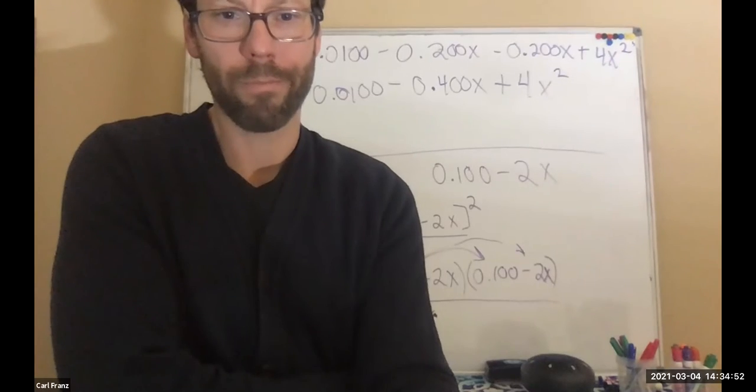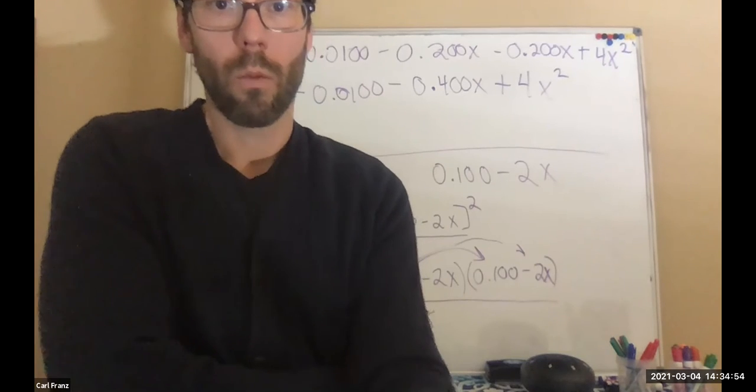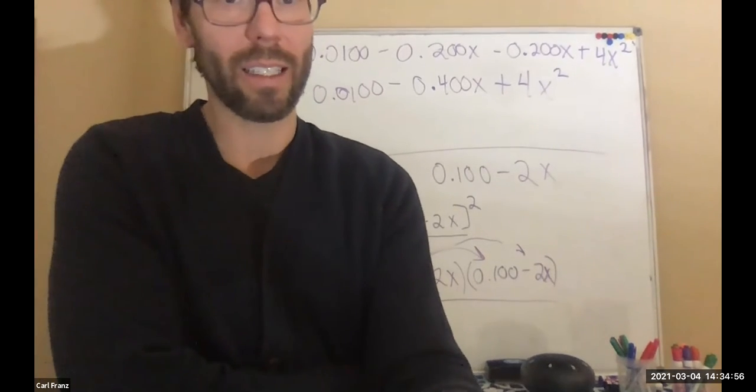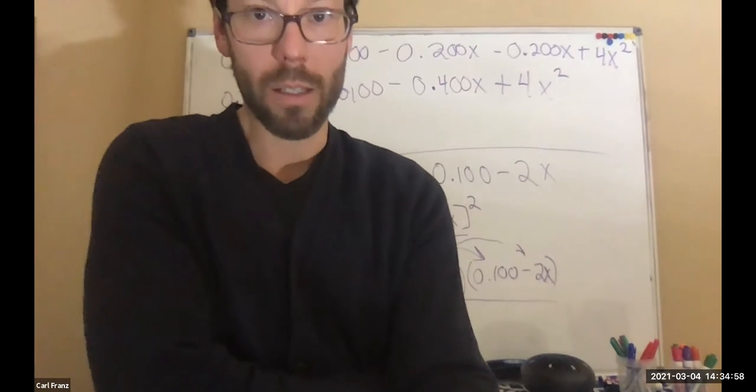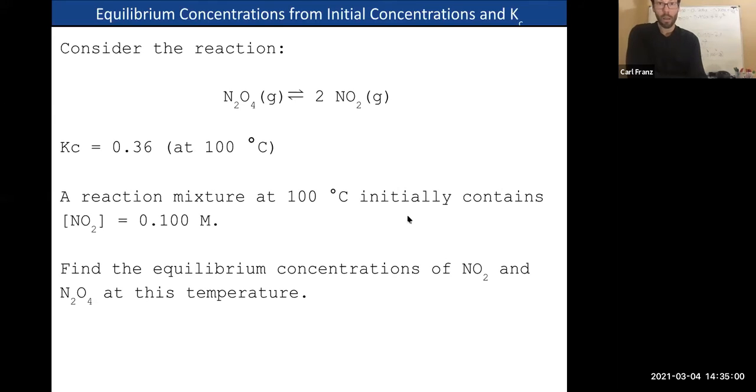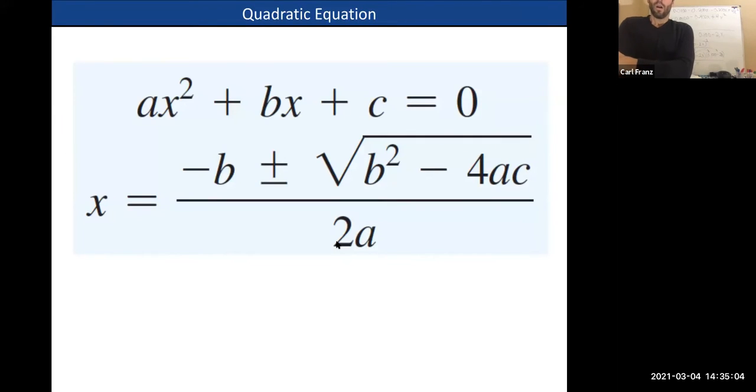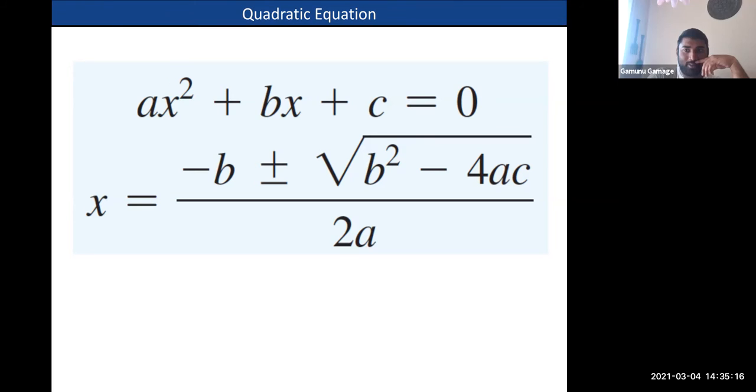Now, here's the hint. We can't solve that just like that. But good old quadratic equation will save us. You guys remember the quadratic equation? x equals -b plus or minus the square root over 2a.